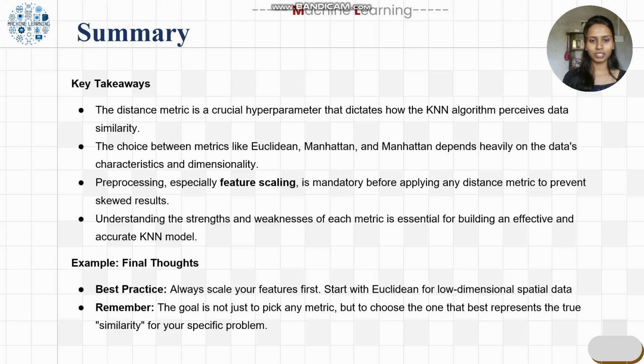Before applying any matrix to the data set, we have to pre-process the data, feature scale it, and normalize it to prevent skewed results. Understanding the strengths and weaknesses of the matrix is essential for building an effective and accurate KNN model.